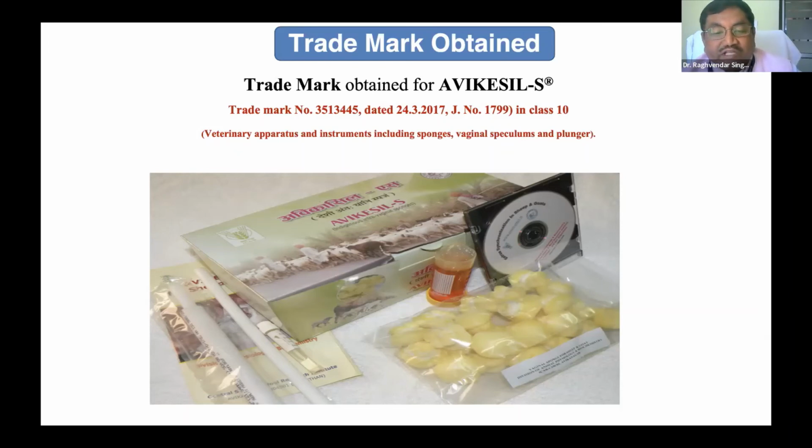These three things are essentially required, and the sponges are medicated with the progesterone hormone. The kit is available with 24 sponges and these two accessories, priced at 628 rupees. So 24 animals can be synchronized using one Avika seal.